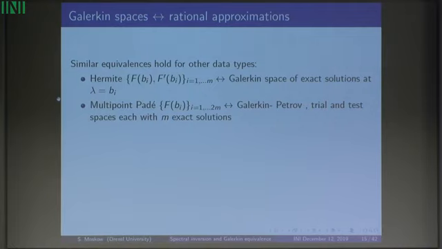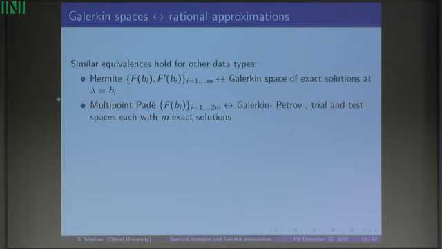Or if you didn't like having derivatives, you could take 2m interpolation points, and then you get a Galerkin-Petrov system, that is where you have different trial and test spaces. And you could take the first m exact solutions in the trial space and the second m in the test space. And you'll get that your Galerkin solution is the interpolant to f at those two endpoints.